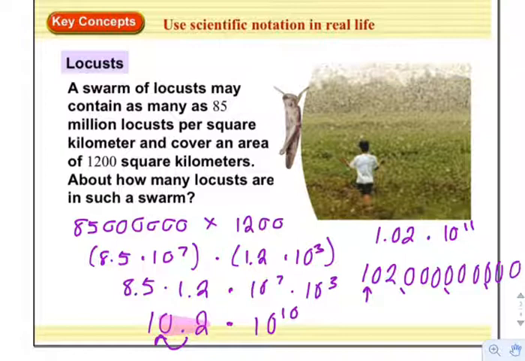So this is actually 102 billion locusts would be in that amount of swarm. But again, like I said, either answer would be correct. You may want to check your work and think about, is this a reasonable amount of locusts? It looks like it probably is, looking at the photograph right here. So I would say yes.